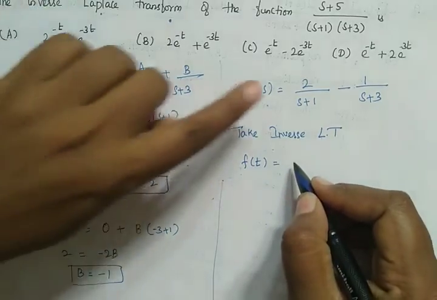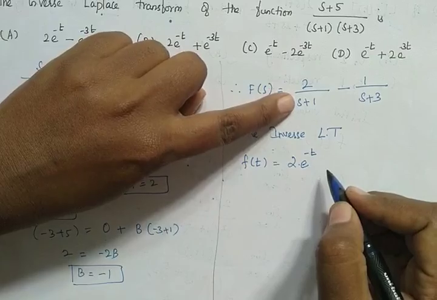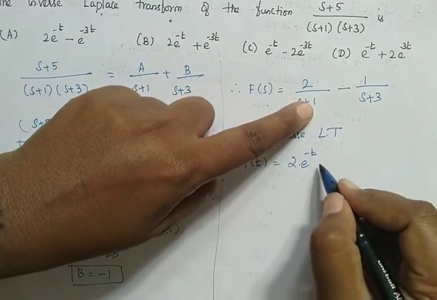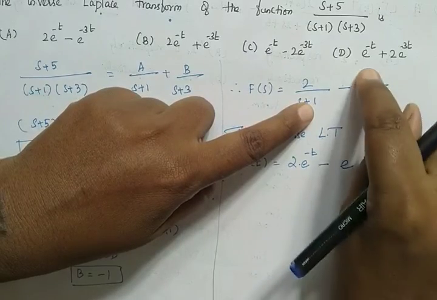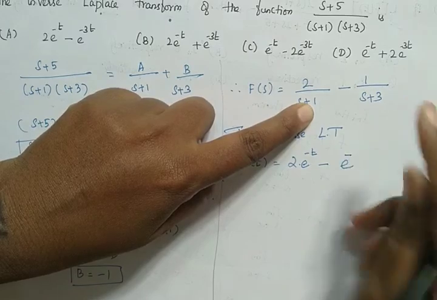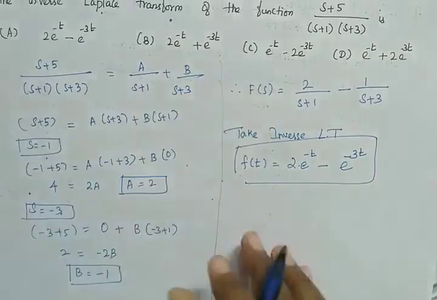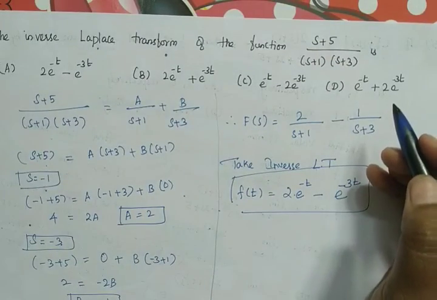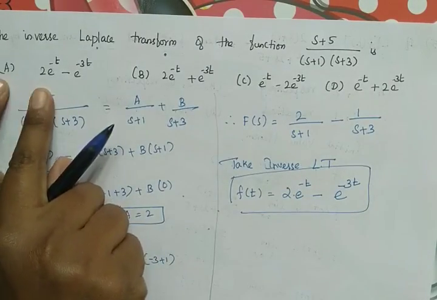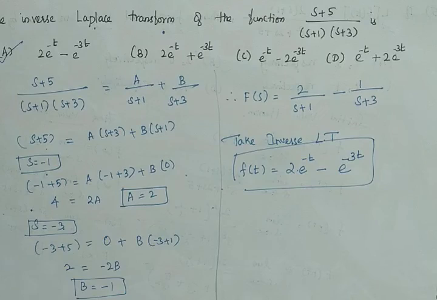Then f of t will be equal to 2 into e power minus t, because we don't have any number with s plus 1, minus e power minus 3t. Therefore this is the answer. So the option for this is 2 into e power minus t minus e power minus 3t.